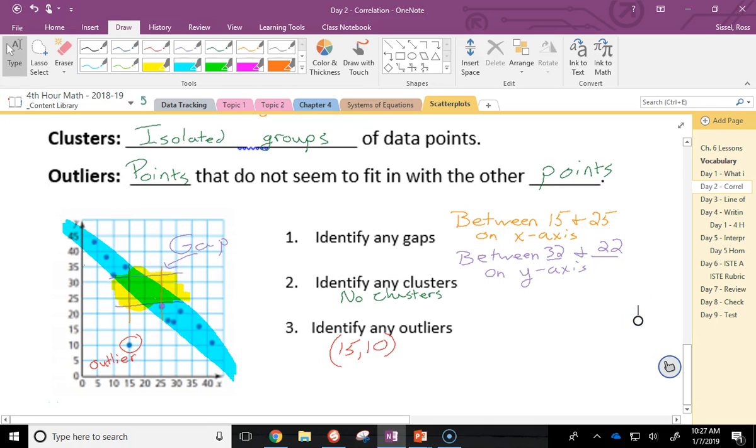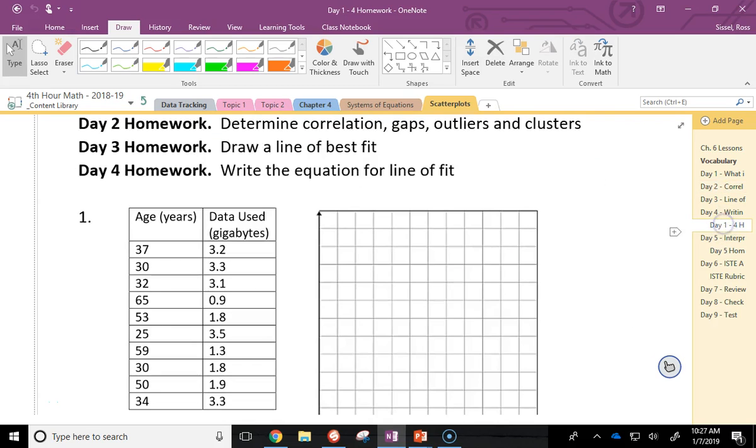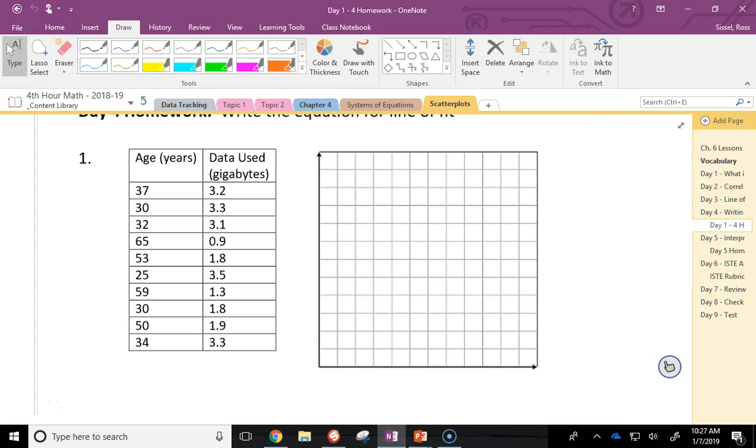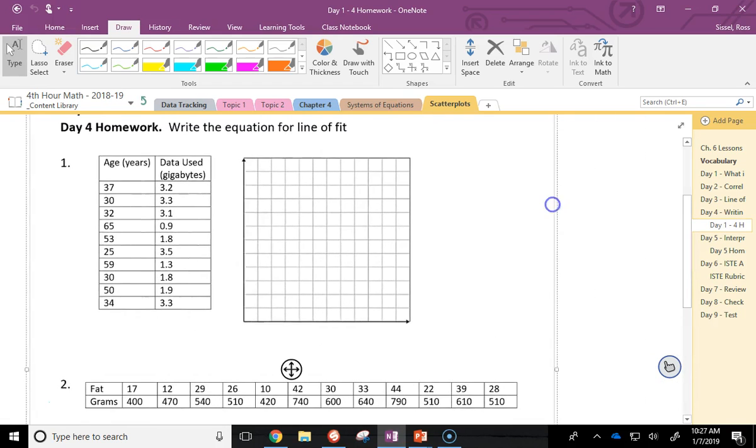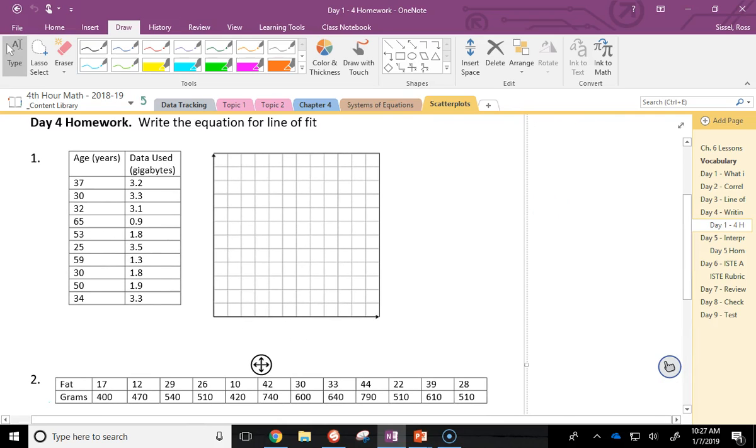Your homework is due tomorrow. If you did not finish yesterday's, you need to finish yesterday's assignment, the one that was due today. Once you get that graphed in, on each one of these, if you turn to your homework page, everyone turn to your homework page so you know what's going on. Homework tab.